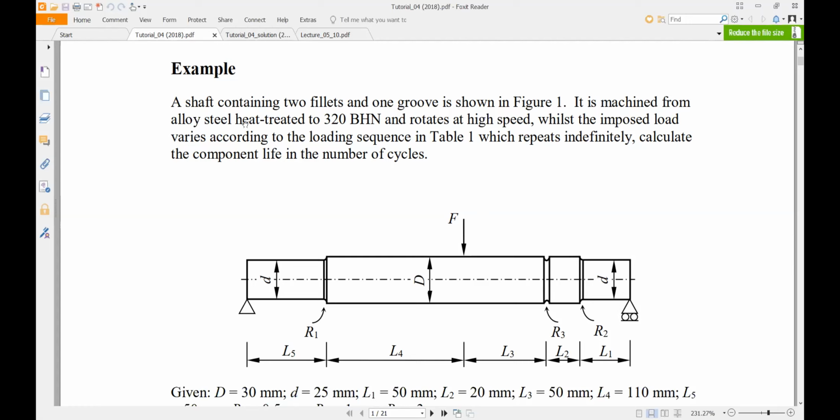Excuse me, sir. Yeah. This beam has three stress concentrations, so we have to take three values for Sn, right? Yes, not three, four values with the loading point.